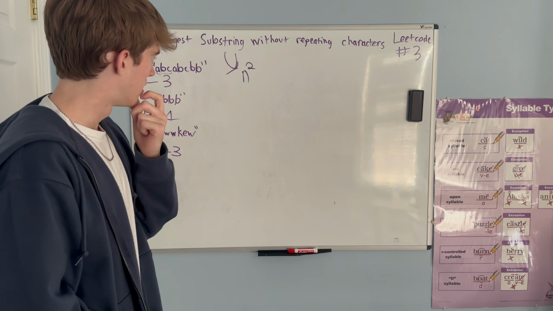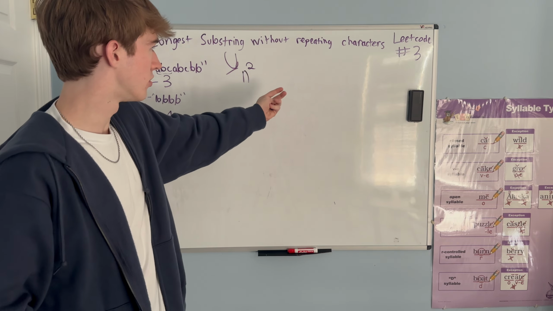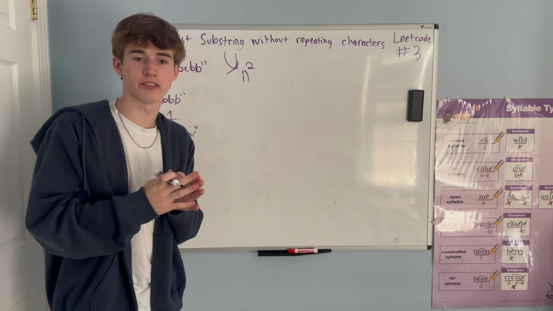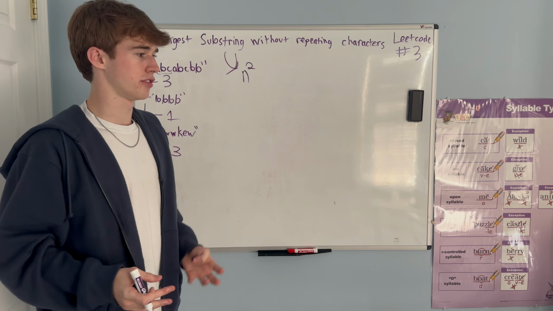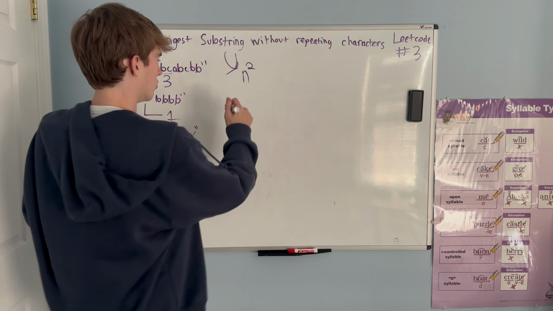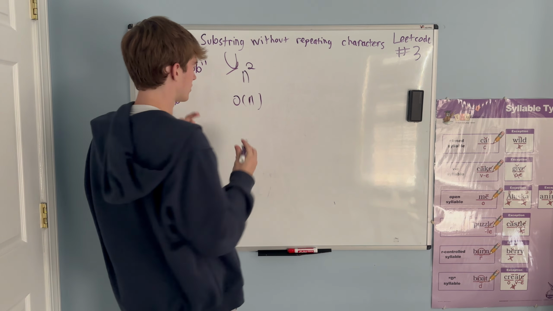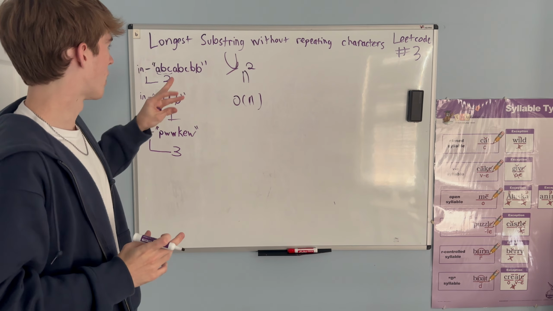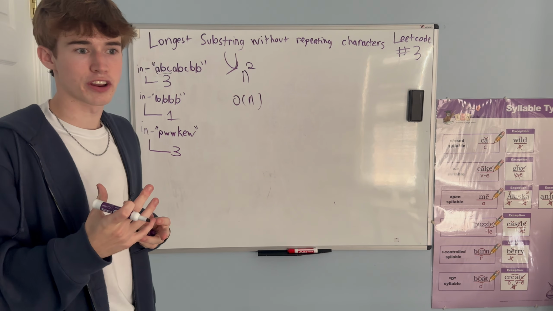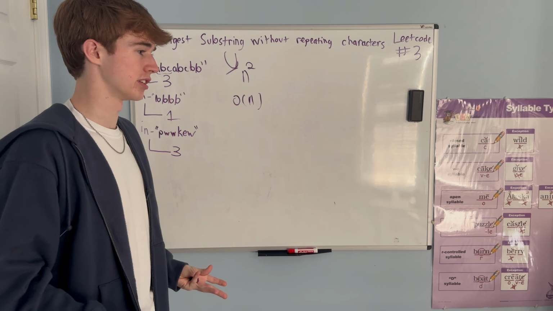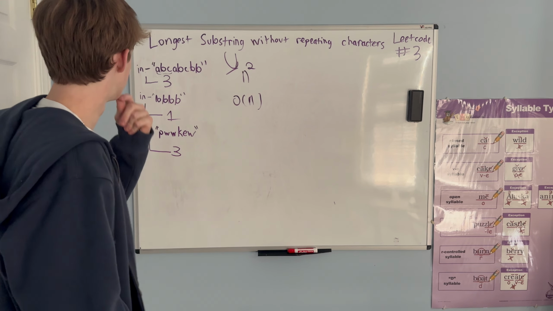Well, if we went over each of them once and saw if any characters are repeating, that means it's invalid. So we could go O of n through it using a hash set, and see if any characters are repeating. If any are repeating, then it's false, which means it can't be the greatest. Otherwise, we can just set it to true.